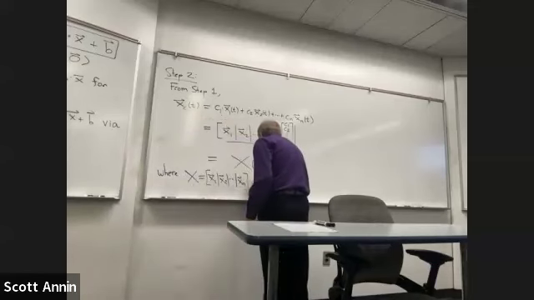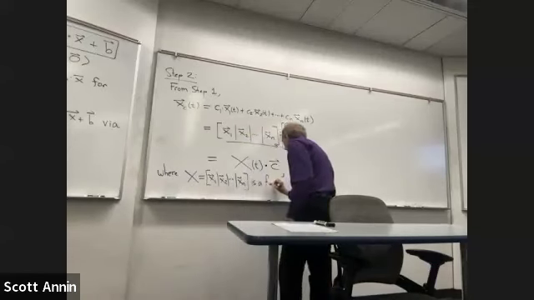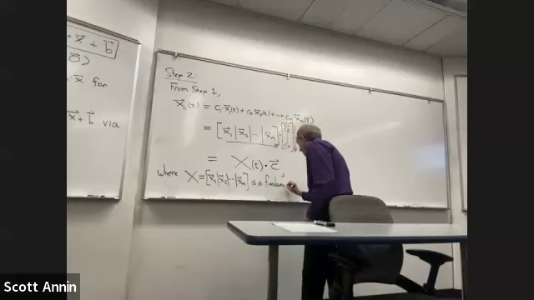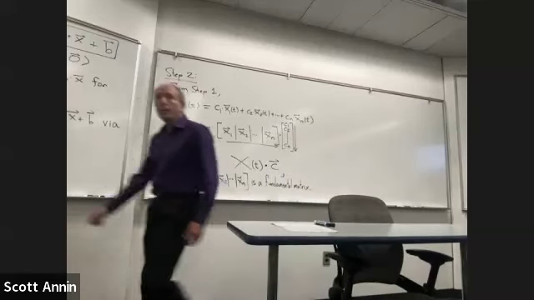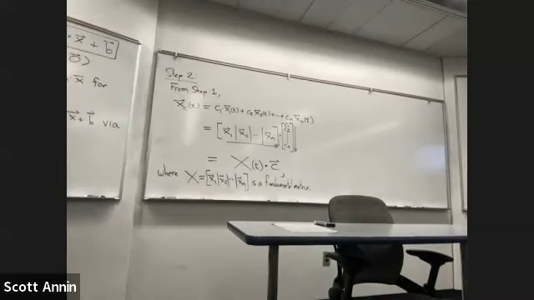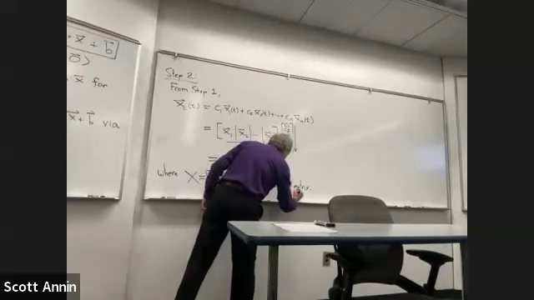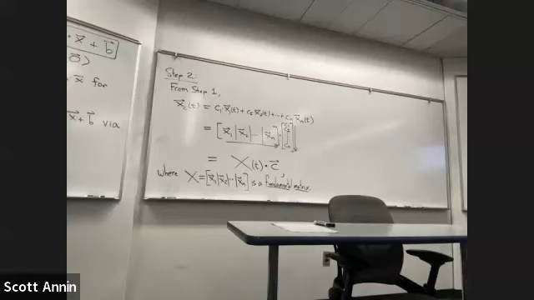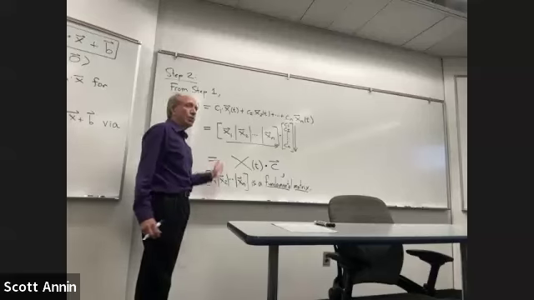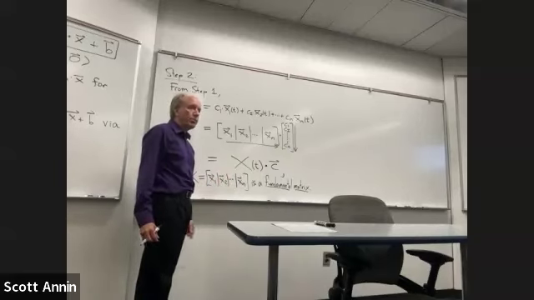Capital X is a fundamental matrix. So it's called the fundamental matrix. If you ever hear anybody talk about the fundamental matrix for a system, that's what they're talking about. You're just laying these vector functions into the columns of this matrix.